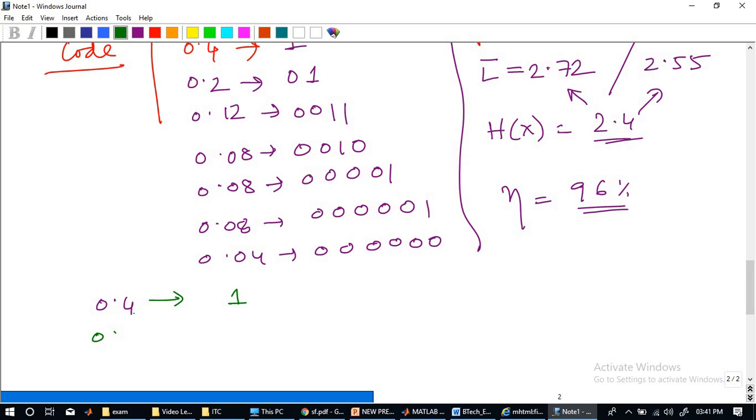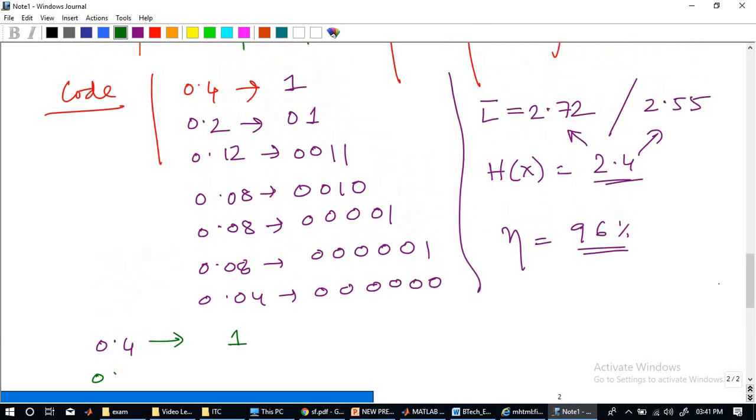The optimal solution will come only if I use Huffman coding, where there will be one unique solution. Shannon binary, naturally, you can see the same codes we have done. Shannon binary, we got 76 odd efficiency, just now we did it. Shannon-Fano is naturally greater than Shannon binary. But if you want to come to an optimal code, then naturally Huffman is the best, which we are not doing.